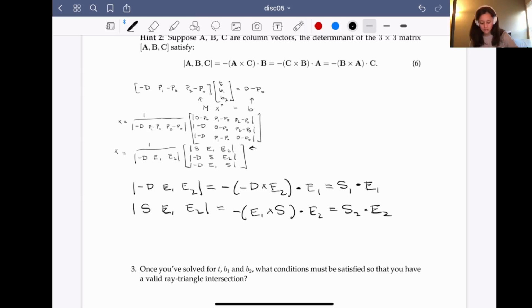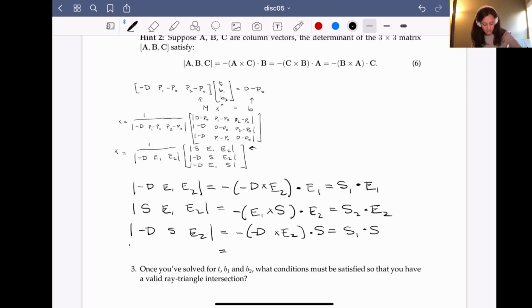I'm not going to go through the exact math for this here, but if you want to know more, please come to my office hours. Okay, and then this determinant, that's negative d times e2 times s, which is just s1 times s.